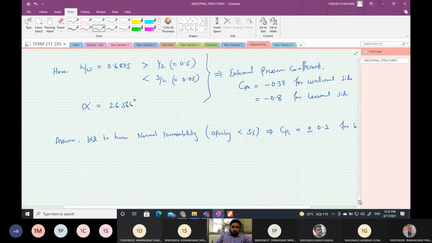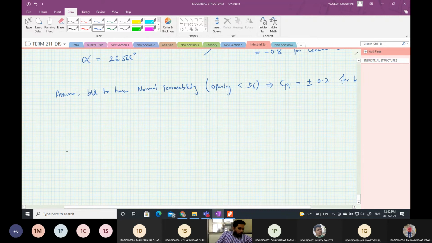So we can now find the wind force, which is equal to (CPE minus CPI) times AE, that is the effective frontal area, times PD.